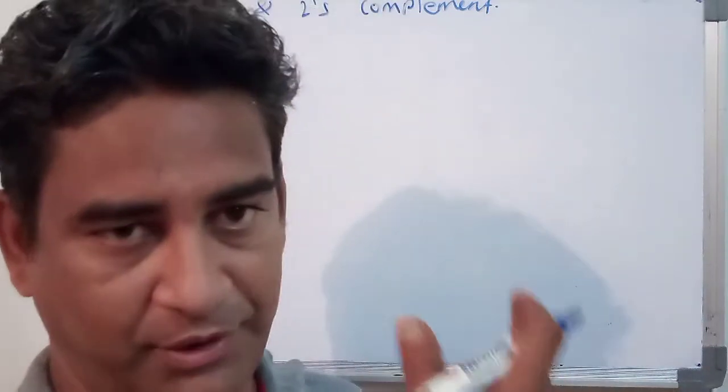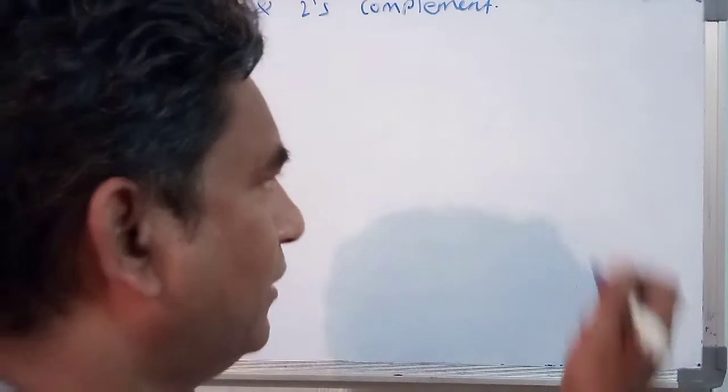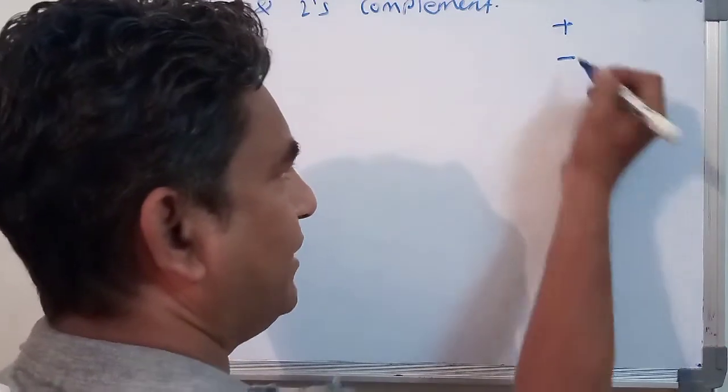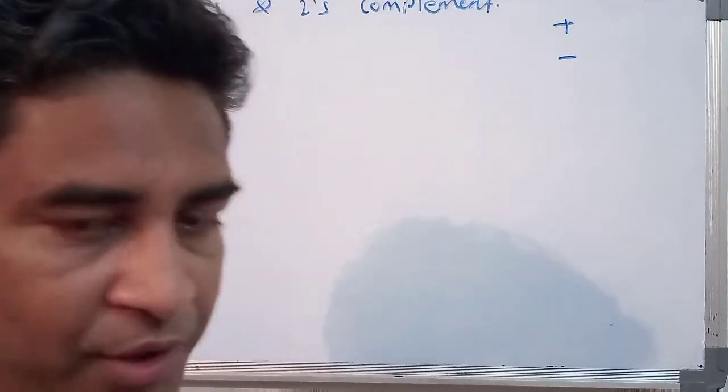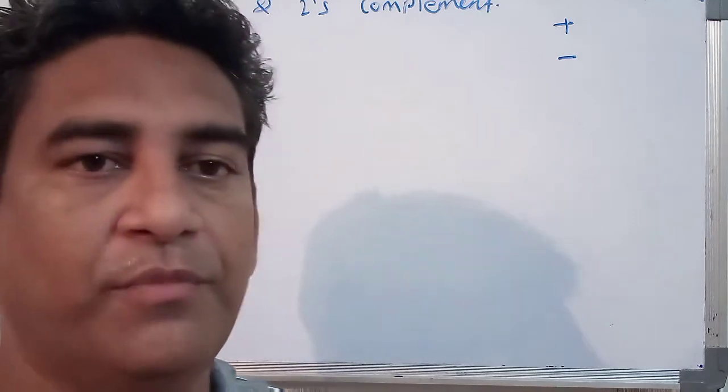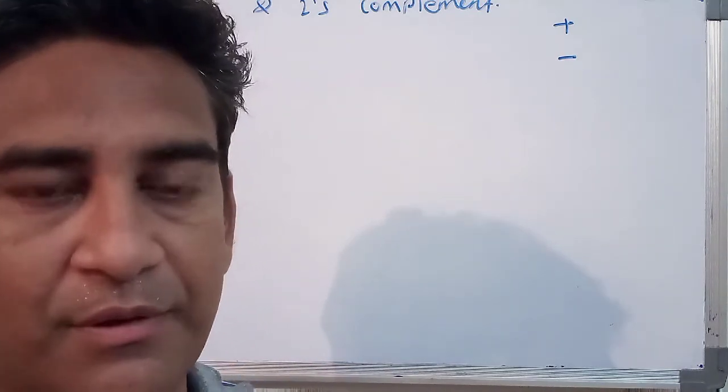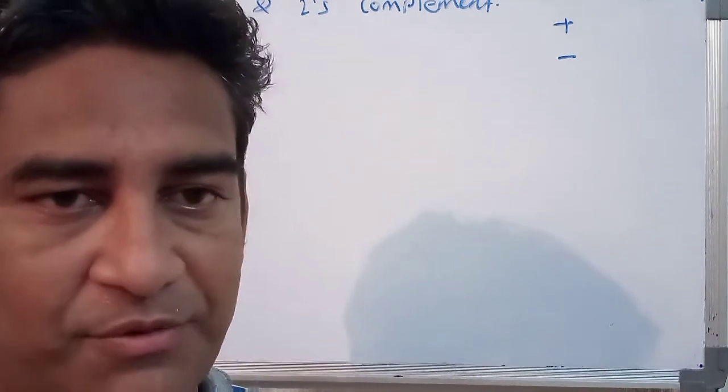In the ones complement, what do you have to do? In the twos complement, what do you have to do? We have to see here. In addition and in subtraction, we have to perform the two things, the addition and the subtraction.